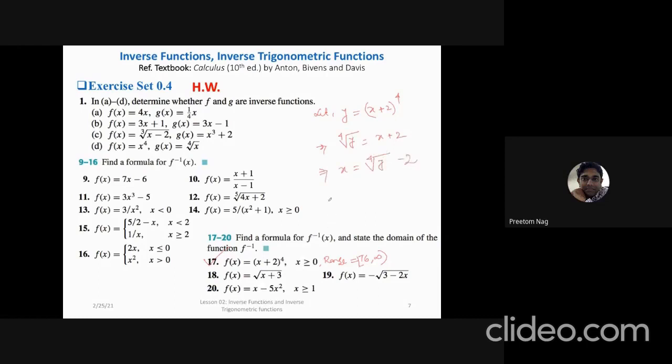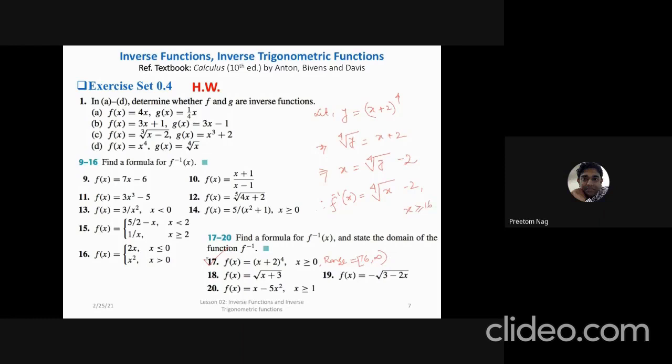Therefore our f inverse of x will be the 4th root of x minus 2. Now what will be the value of x in here? Value of x should be starting from 16 to infinity, because this is the range for this one. So I write down here x greater than or equal to 16. That is the answer.